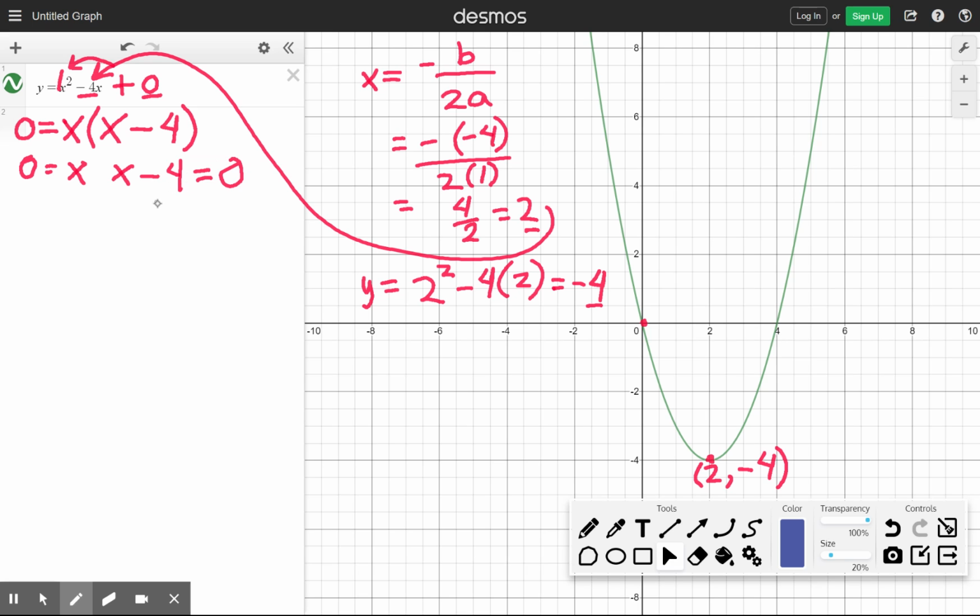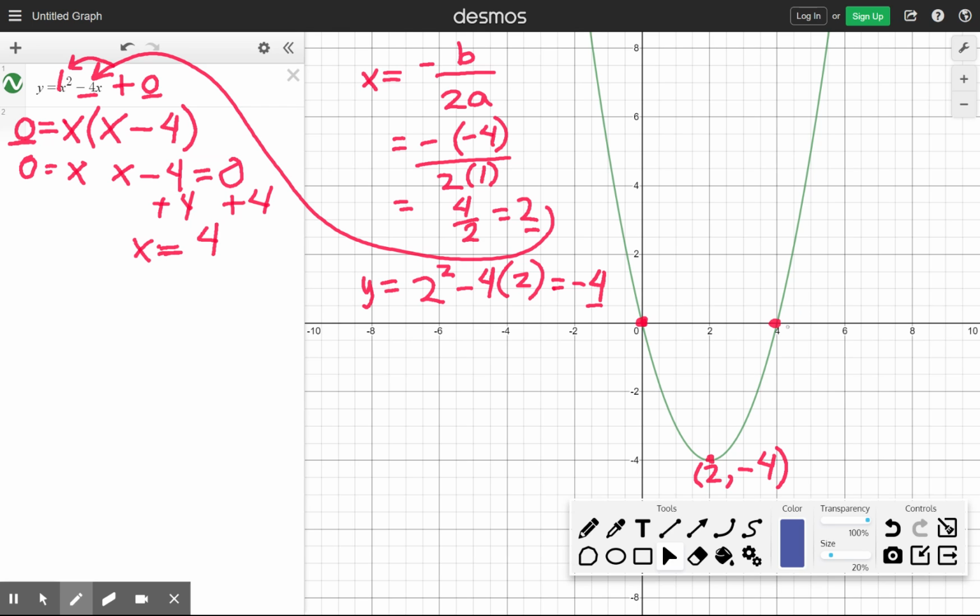And add 4 to both sides. And we see x is equal to 4. So what we have here is 2 x-intercepts. When y is equal to 0, so we plugged in 0 for the y to find the x-intercepts, we have an x value of 0 and an x value of 4.